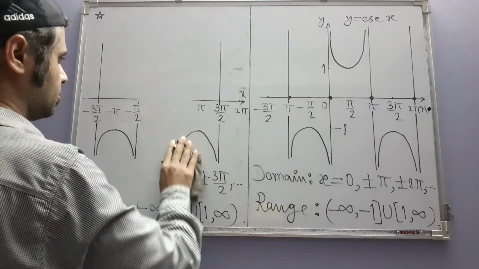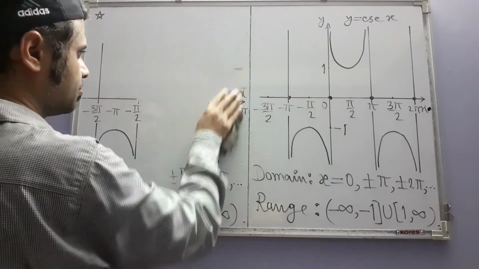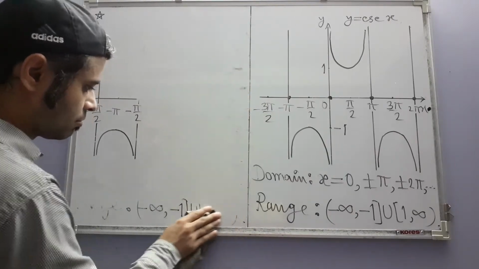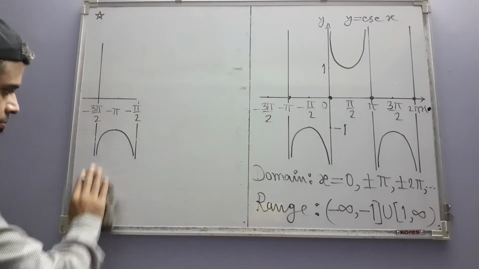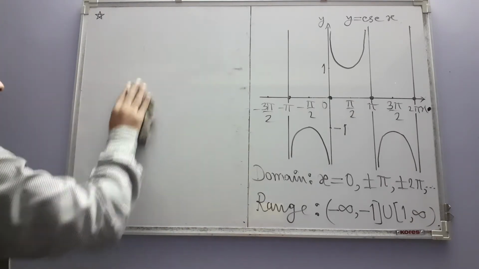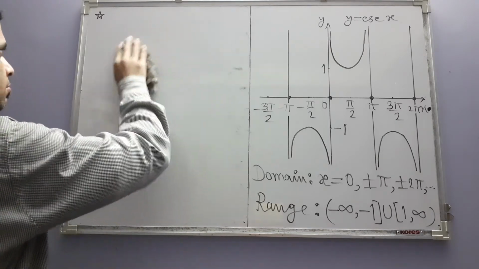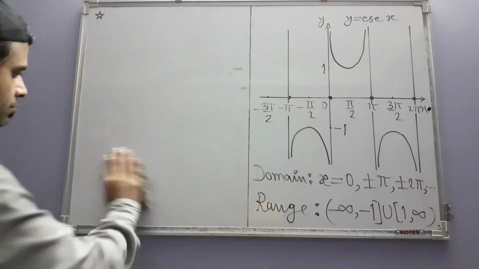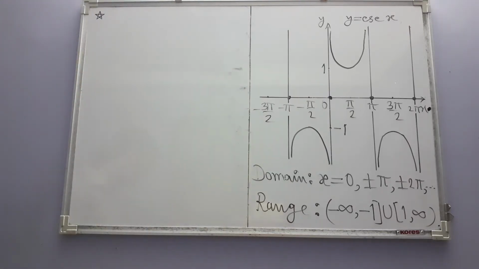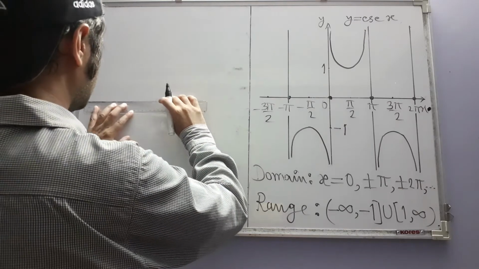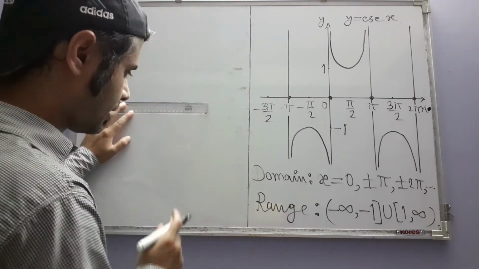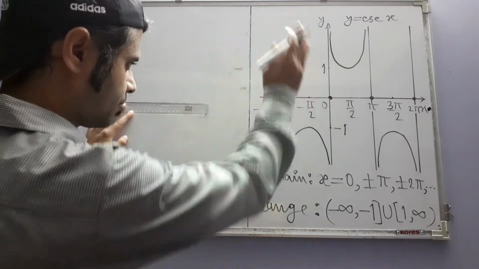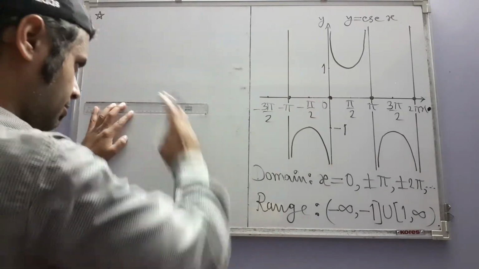One more is left, the graph of the cotangent function. You see, recall that the graph of the tan function was like this. Now, for cotangent it will be like this.